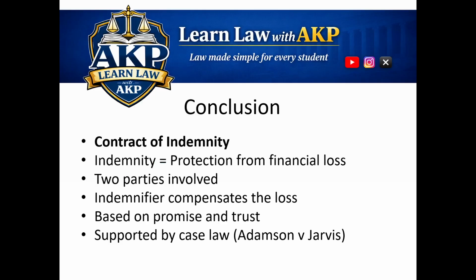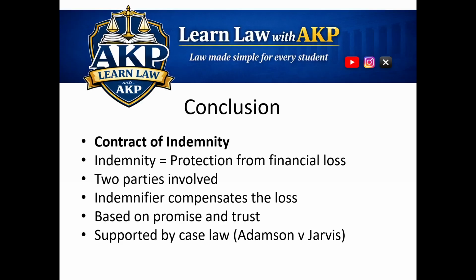Let's conclude this topic. A contract of indemnity is all about protection from financial loss. It involves two parties, the indemnifier who gives protection and the indemnity holder who is protected. The main objective is to compensate the loss suffered by a person.